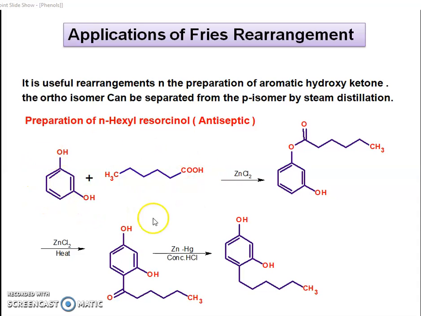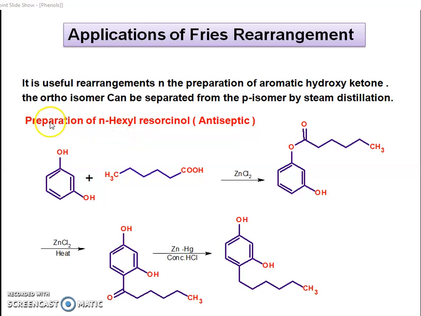The first step is an acylation reaction. The next step is the Fries rearrangement reaction. What is meant by Fries rearrangement? The rearrangement in which the acyl group will be migrated to the ortho position or the para position.